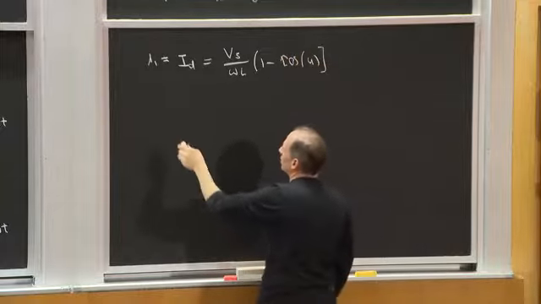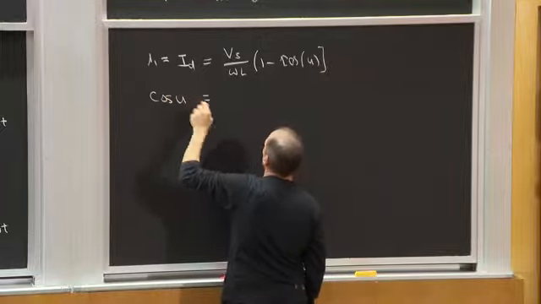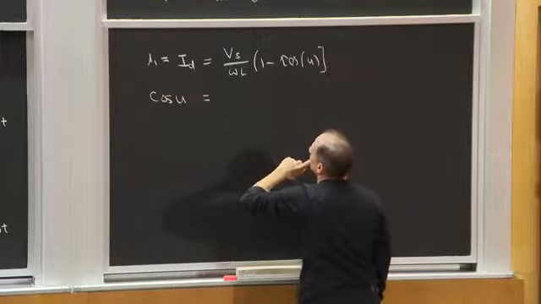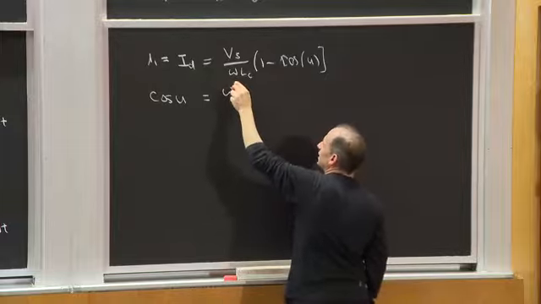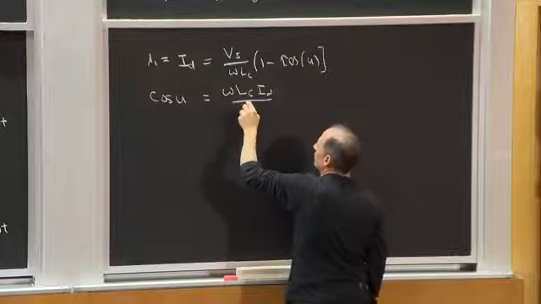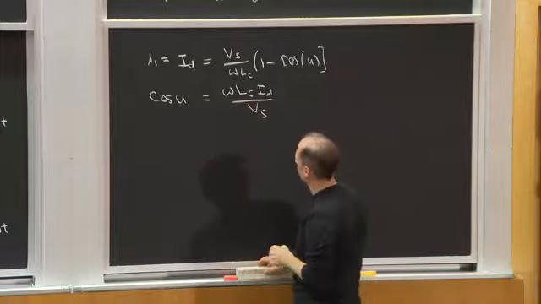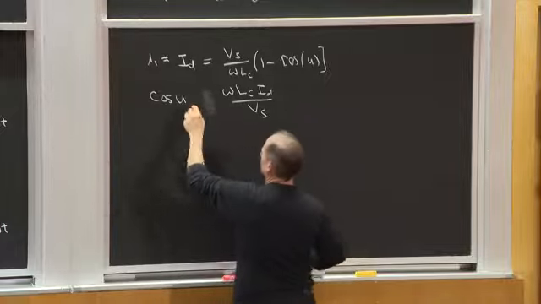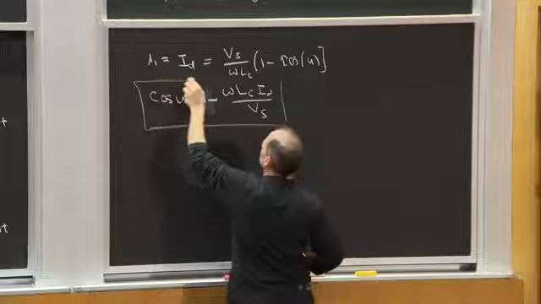And so I can rearrange this and find that cosine of u is equal to 1 minus omega LC ID over Vs. Okay?